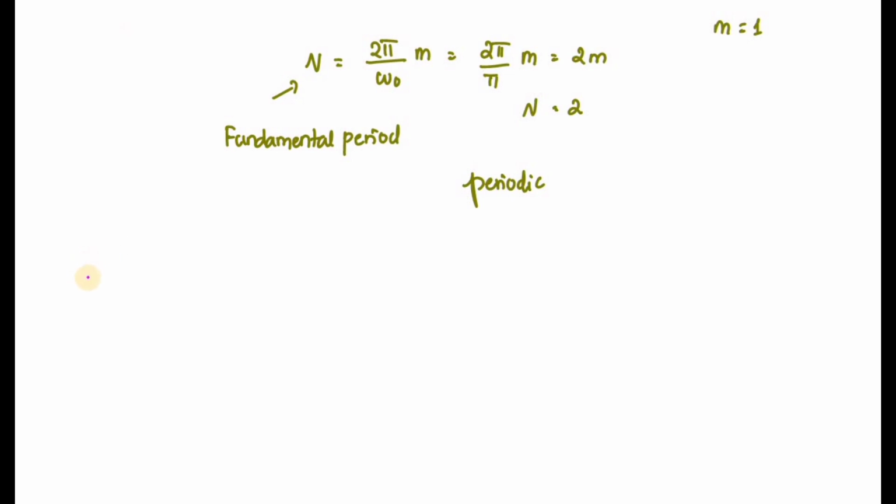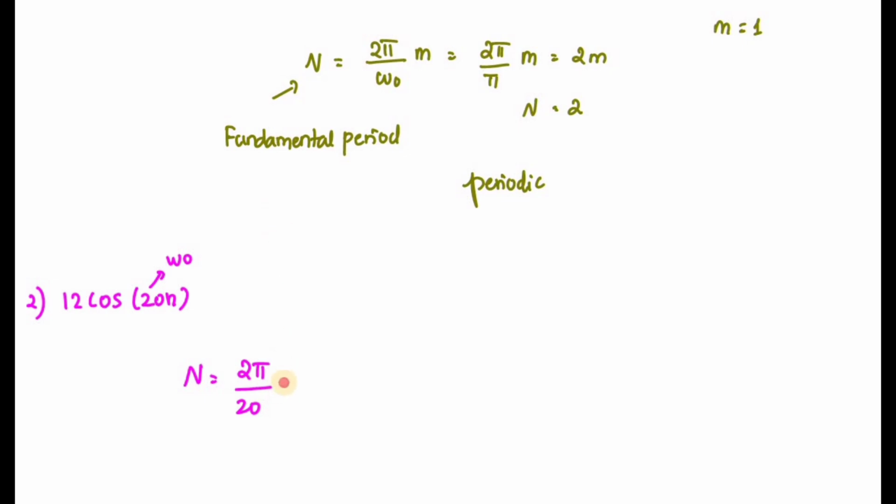The next problem they have given is 12 cos of 20n. This is your second problem. Here I can write N equal to 2 pi by omega naught. Omega naught value is 20.